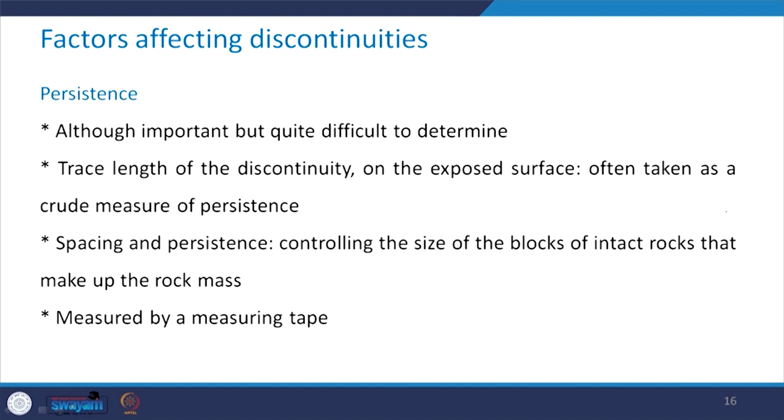So, basically whatever is visible, that is the trace length of the discontinuity which is visible on the exposed surface, as a crude measure, can be taken as the persistence. Based upon the value of this persistence or the trace length, one can describe the joints or the discontinuities with respect to persistence.